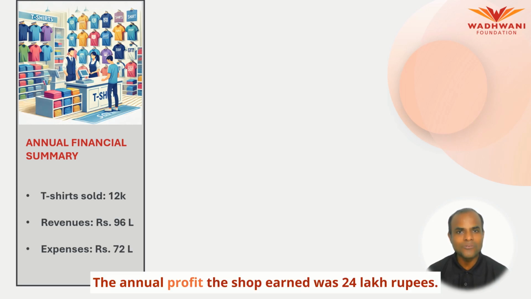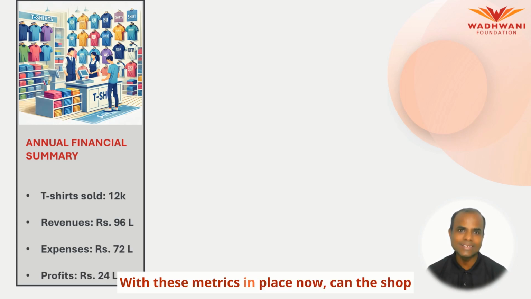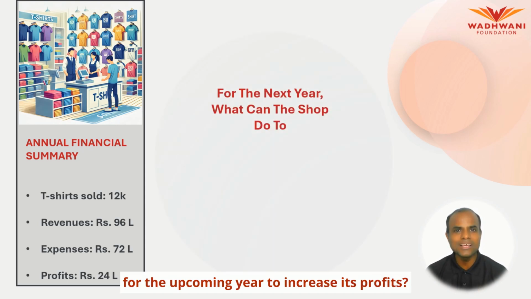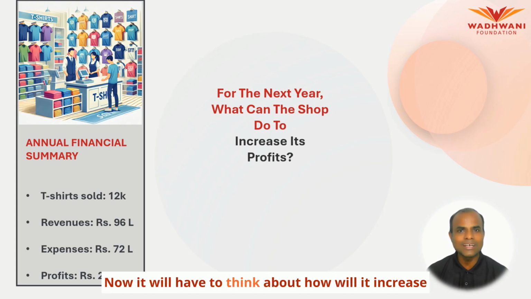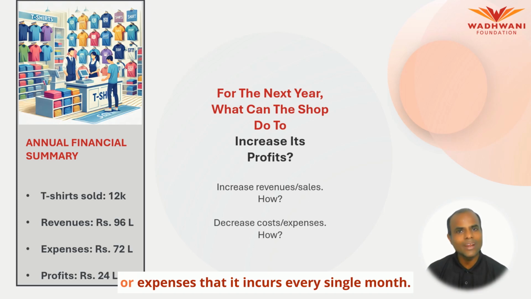The annual profit the shop earned was 24 lakh rupees. With these metrics in place, now can the shop do some basic financial planning for the upcoming year to increase its profits? Now it will have to think about how it will increase its sales or revenues or decrease its costs or expenses that it incurs every single month. These are the basic financial planning principles.